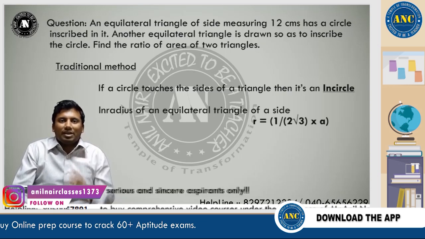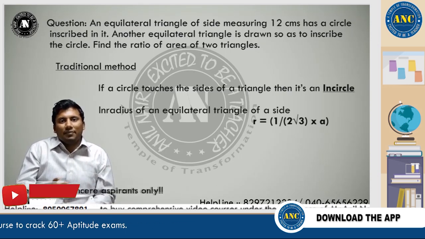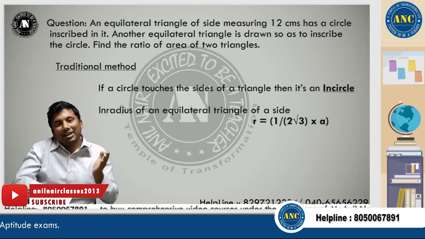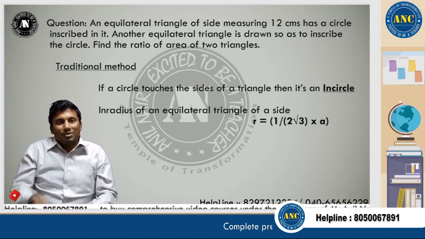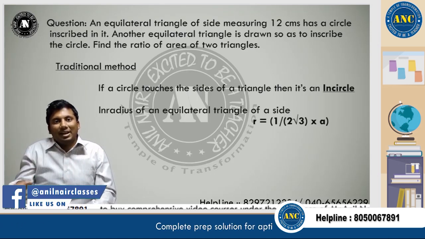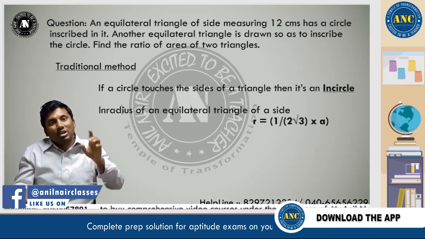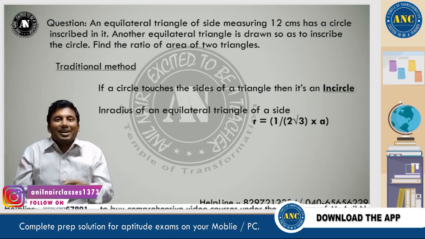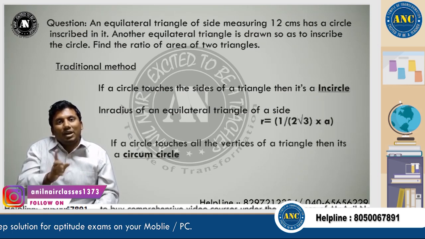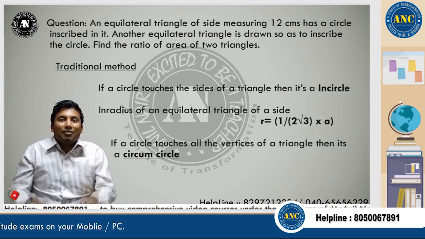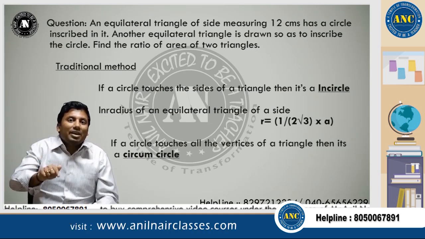Then in that circle, another equilateral triangle is inscribed. So for the inside equilateral triangle, that circle which touches all the vertices of a triangle will become the circumcircle for the equilateral triangle inscribed in it.